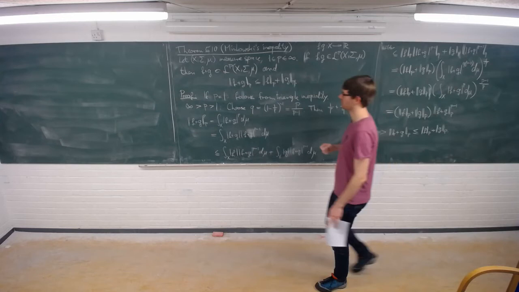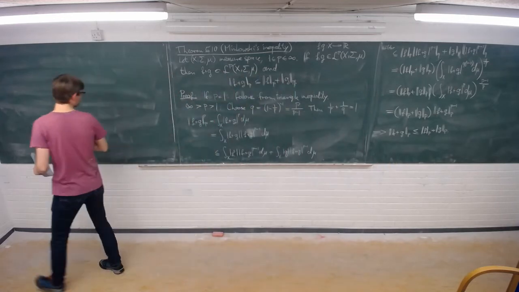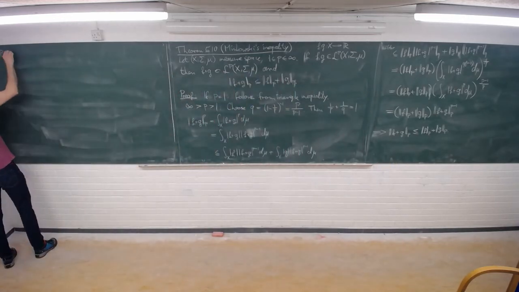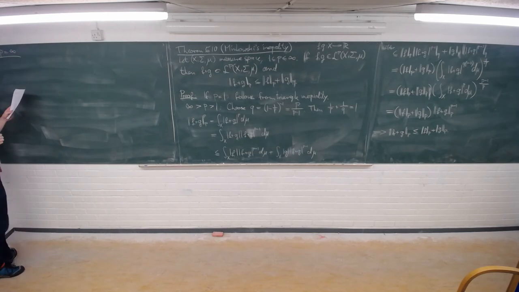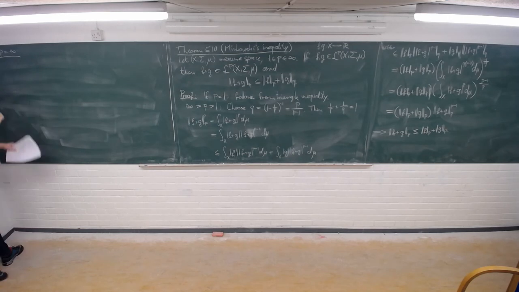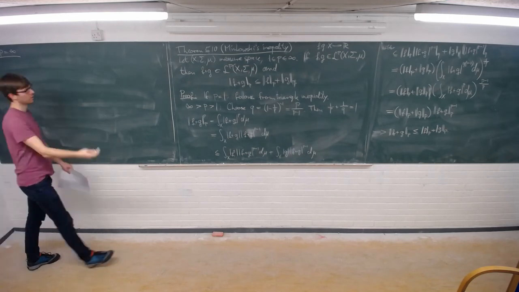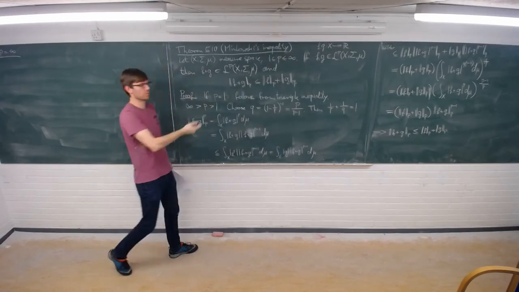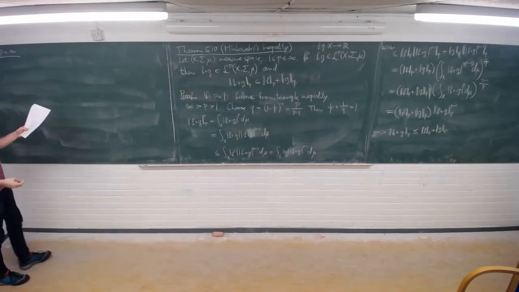And then there's only one case left, which is p equal to infinity. So now we have to take L infinity norms everywhere here. So the essential supremum of the absolute value.